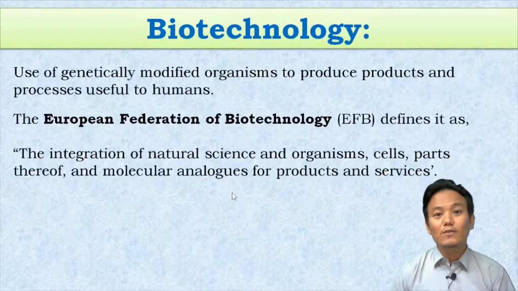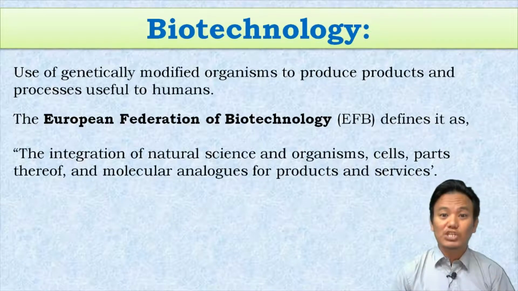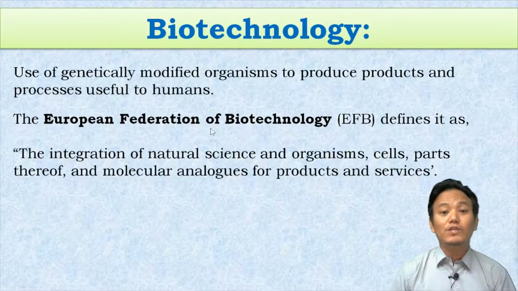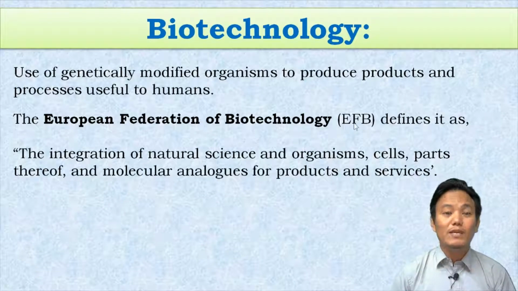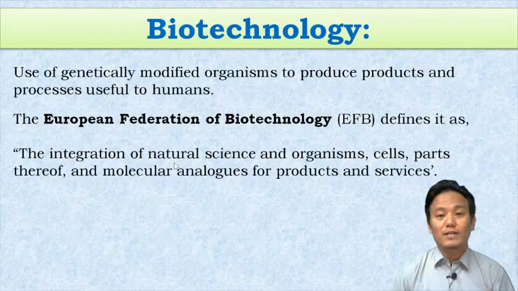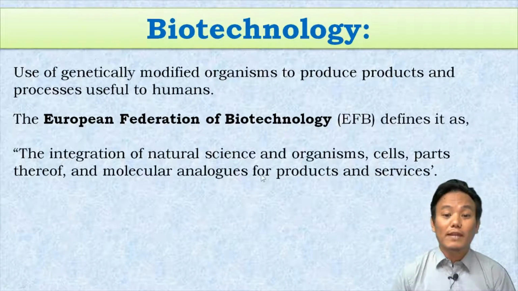So biotechnology can be defined as use of genetically modified organisms or GMOs to produce products and processes that are useful to human beings. So that is the conventional definition of biotechnology, but the European Federation of Biotechnology, or EFB, has defined biotechnology as the integration of natural science and organisms, cells, parts thereof, and molecular analogs for products and services for the human beings, right?